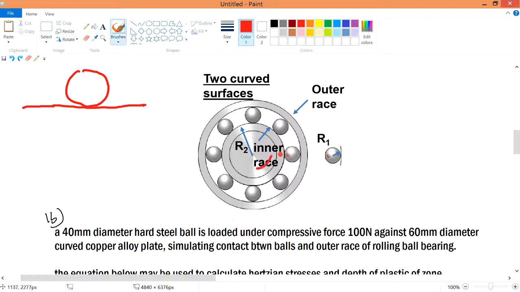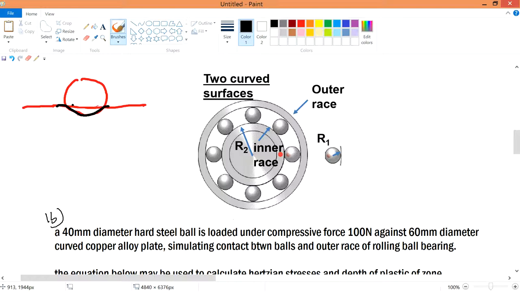So there will be a certain compressive force. Because I believe the steel ball is harder than the copper, the steel ball will make an indentation. So you go into the surface and cause this indentation, something like that.